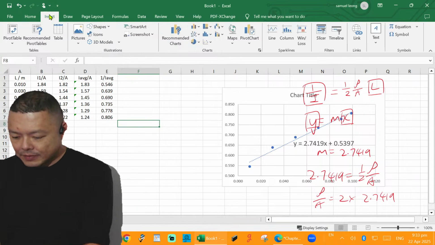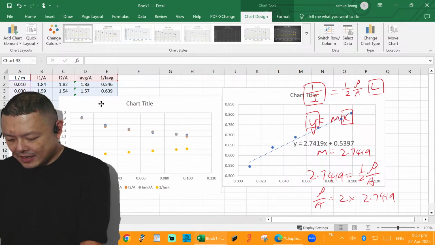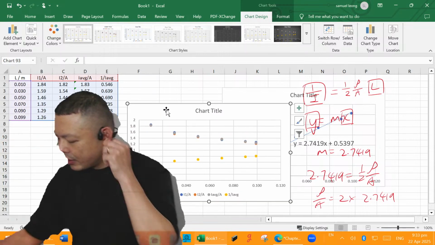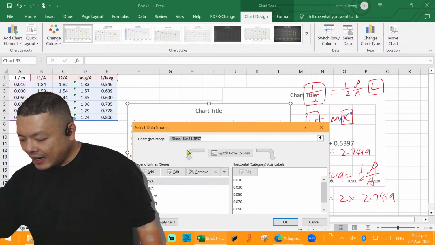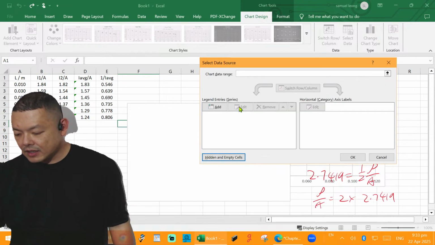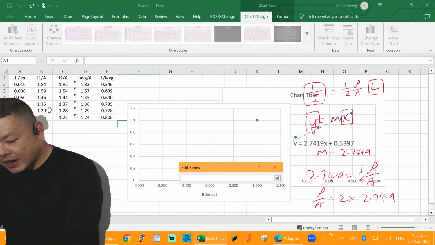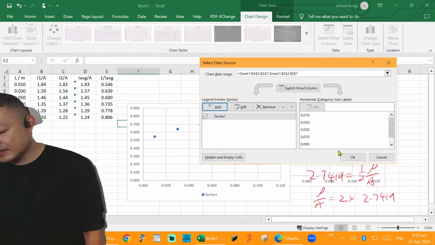So I suspect some teachers will say, oh, you're supposed to go inside here, then right click, select data, and then change the data from here, like this. They must add the data, X values is this, then Y values is this, something like that. I suspect some teachers will teach it like that.